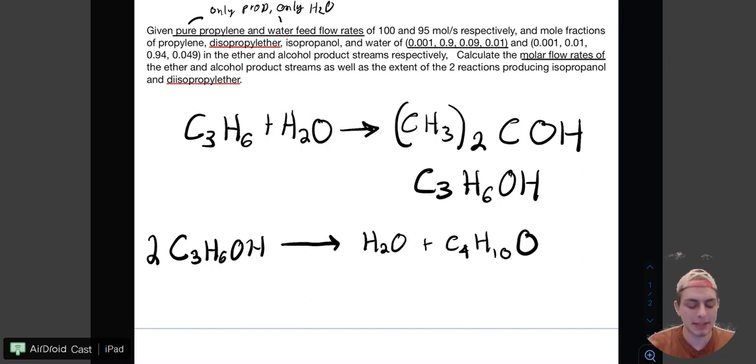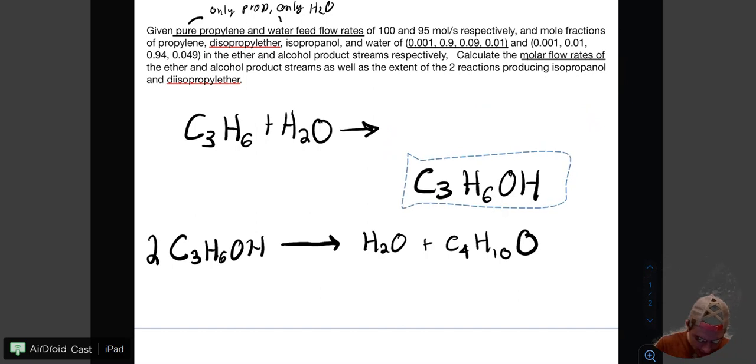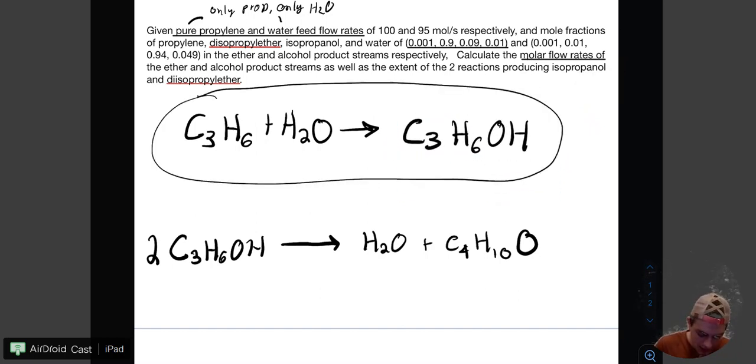Now what we mean by extents here is how many times is that reaction taking place at a molar ratio. So for example, if this top reaction here, and let me actually erase this and move this around a little bit. There we go. So in this top reaction here, if we had an extent of, say, 10, then I would know that 10 moles of propylene were being used, 10 moles of water were being used, and 10 moles of isopropanol were being produced.